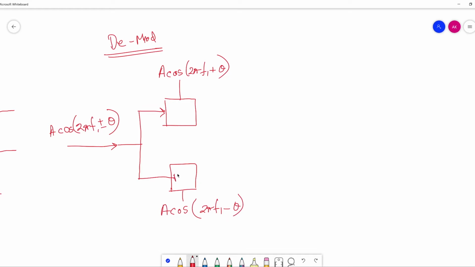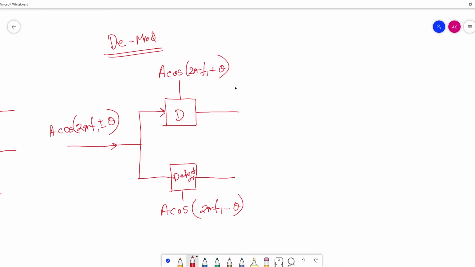So this is one kind of detector. So now what we need to do, we actually detect this signal.